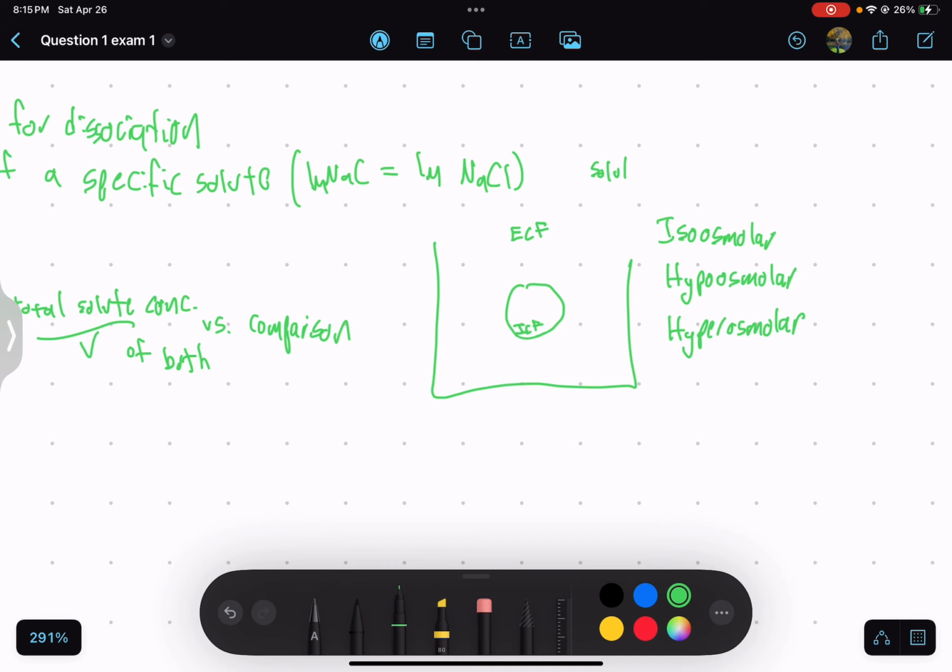You got to be specific on what you're comparing it to. Here, we're going to do the solution, so ECF, to the cell, ICF. And with hypoosmolar, the ECF will be lower than the ICF. Just like that, 150 osmolar compared to 300 osmolar. And with hyperosmolar, you're going to have more osmolarity outside than you are inside.